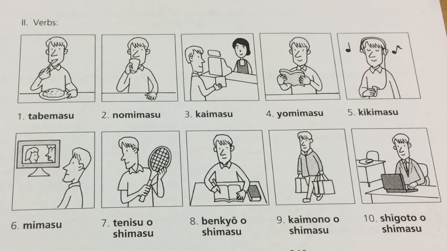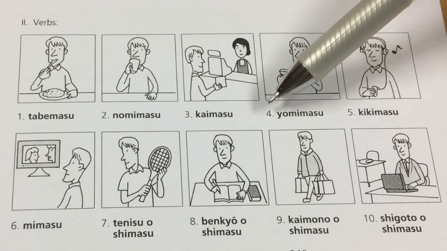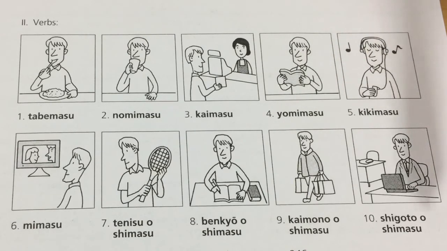Now, if you are going to achieve the purpose of this chapter, the very first thing to do is to memorize the verbs. We have many verbs here. If you have the book, grab your book and open to page number 91. You will see pictures showing the new vocabulary of the verbs.